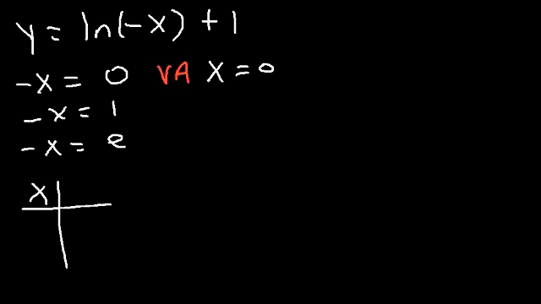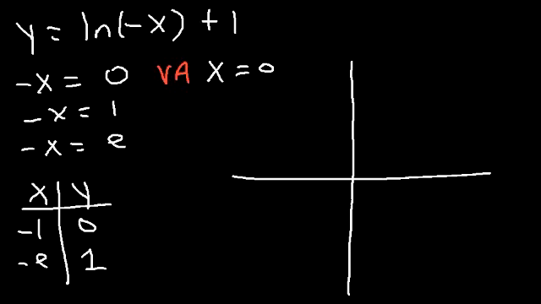The 2 points that we need, if we solve for x in those two equations, are negative 1 and negative e. The natural log of negative 1 is ln 1, which is 0. And the natural log of negative e, which is ln positive e, is simply 1.